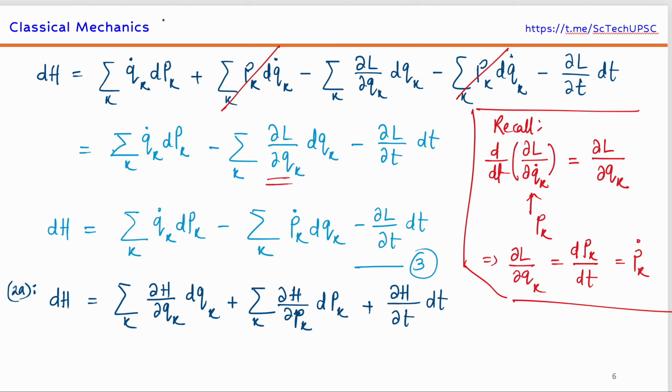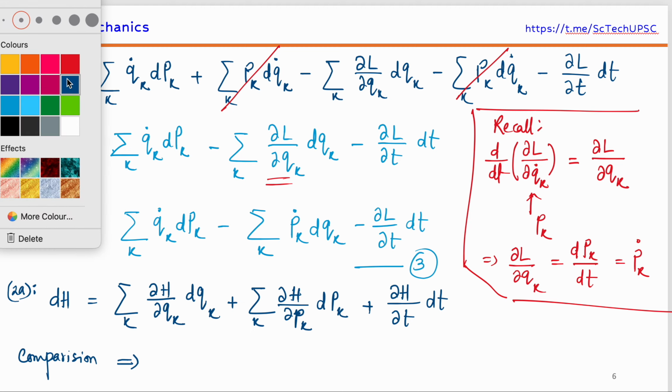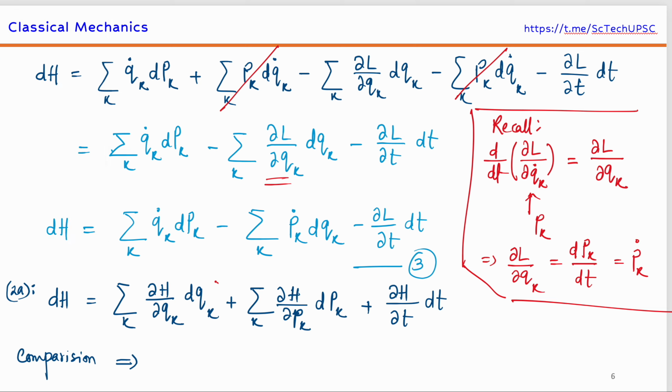Okay, so if we compare, okay, so comparison will give us the following. Okay, you compare the same coefficients here, this and this and this and this.